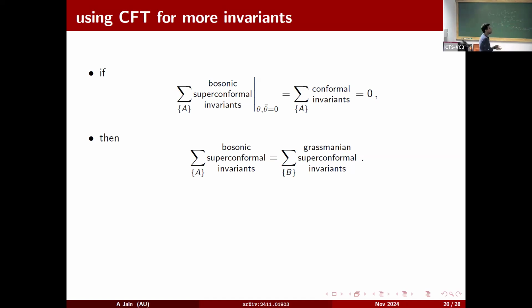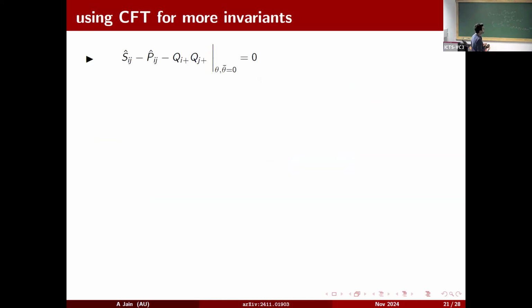For example, let's consider this equation. This equation is actually the equation which removed S hats from the conformal case. In the conformal case, this is 0. This equation is true, which means S hats can be written as P hats and Qi's and Qj's.